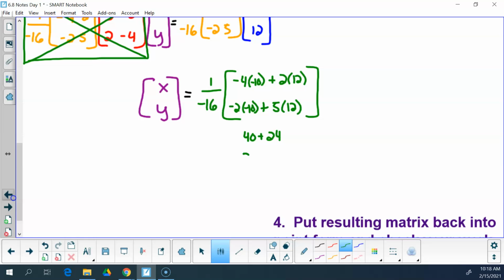Negative 2 times negative 10 is 20. 5 times 12 is 60.